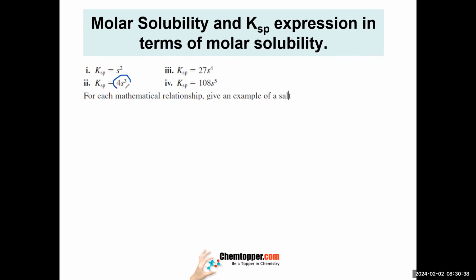Can you do this? We have plenty of this. You can give me an example of A2B type or AB2 type. Plenty of them. Barium, which is 2 plus, right?